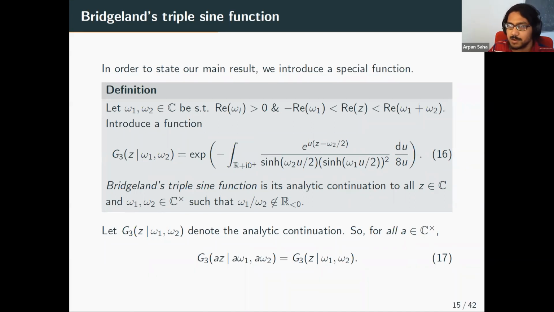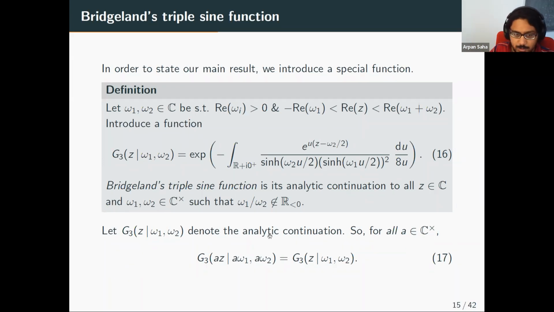In some sense, this will be the non-perturbative description of the topological string free energy in a certain sense. So that's why I'm introducing this function. Okay, and that's the definition. I've not done anything so far. I've not made any claims. I've just introduced a certain function that I'll make use of.